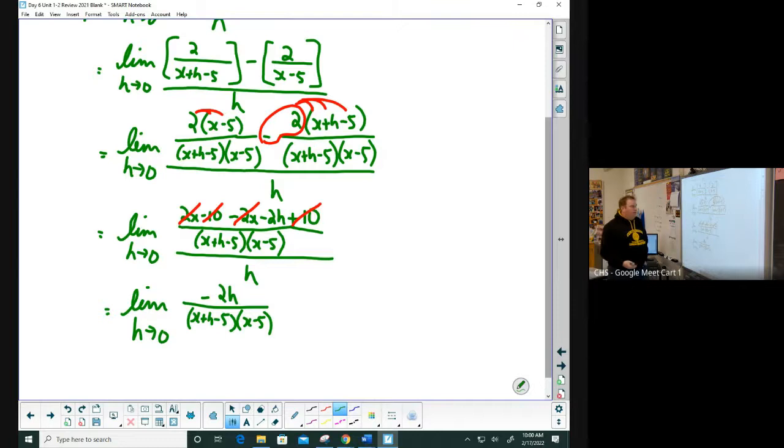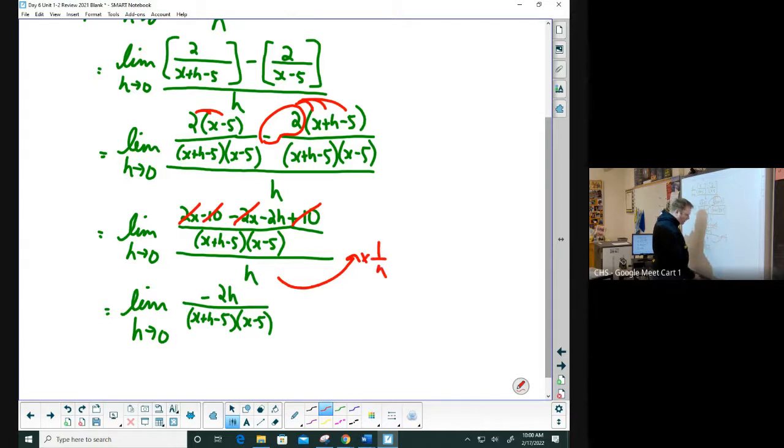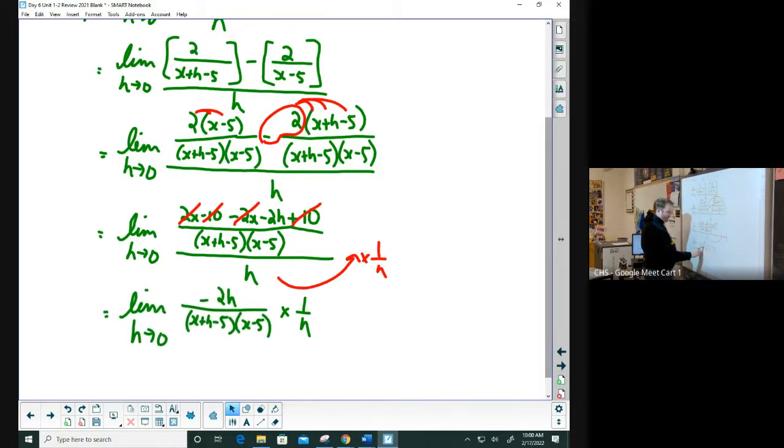At this point, I'm going to bring this h up. Since I'm dividing by h, I'm going to multiply by the reciprocal, which is 1 over h. So this becomes times 1 over h. By timesing by 1 over h, we now see the spot where the h's are going to cancel.